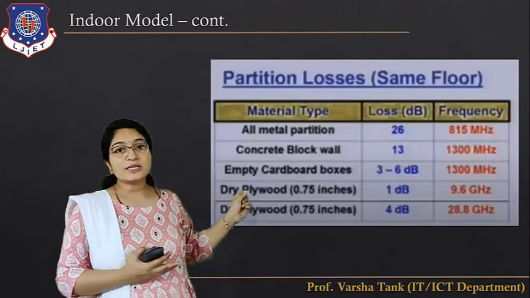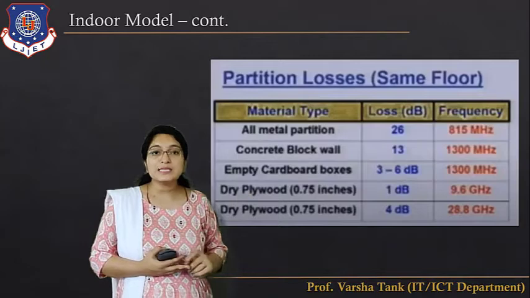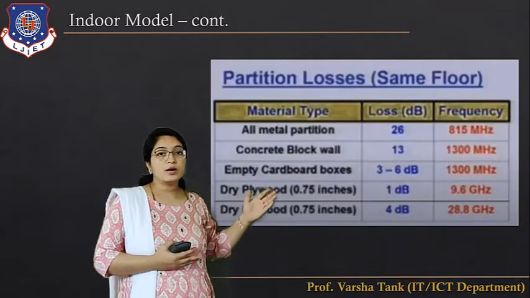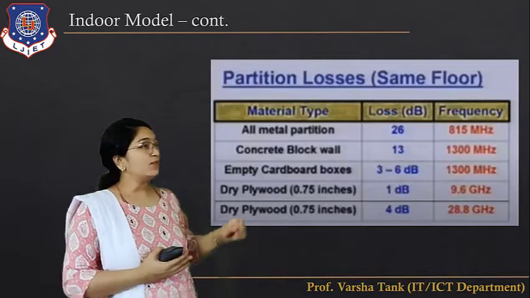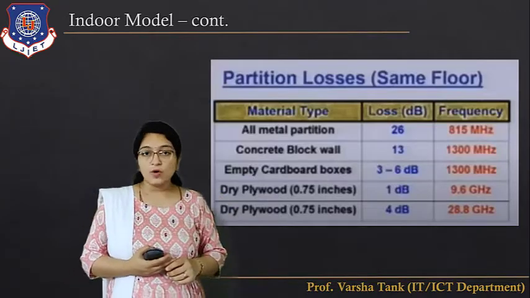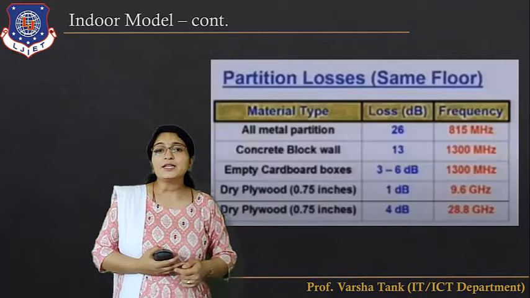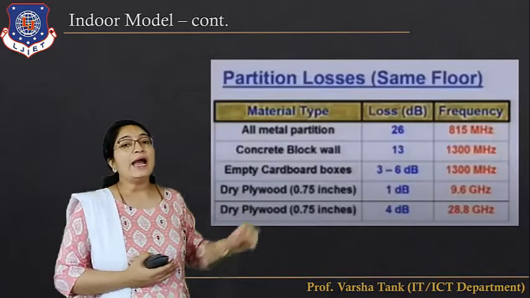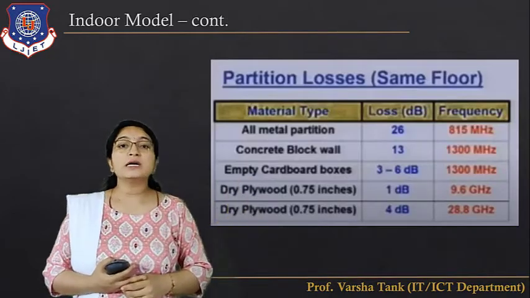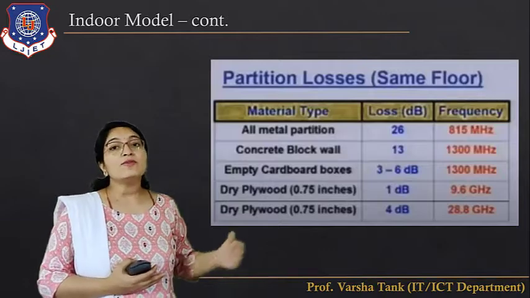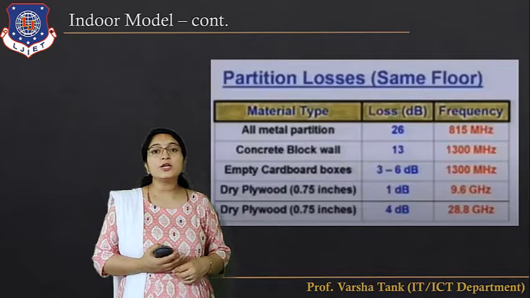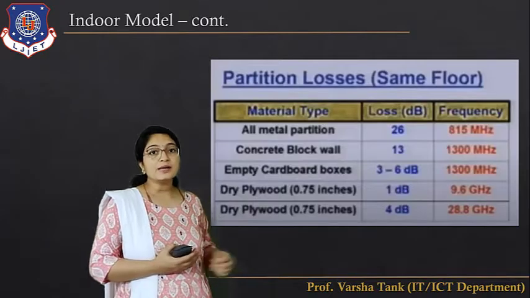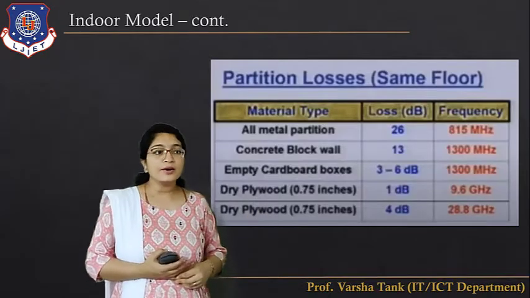If it is an all metal partition, then the loss will be 26 dB, at a frequency of 815 megahertz. If the material is a concrete block wall, then the partition loss will be 13 dB, in the frequency range of 1300 megahertz. If empty cardboard boxes are there, then the partition loss will be 3 to 6 dB, again at 1300 megahertz.